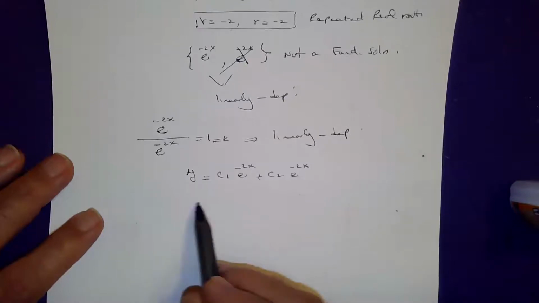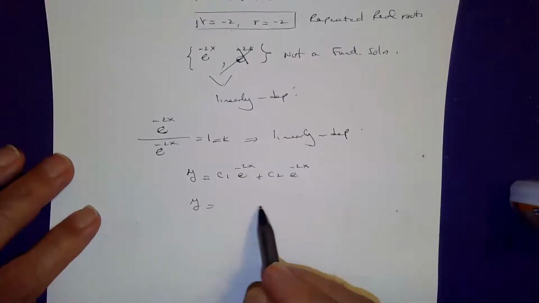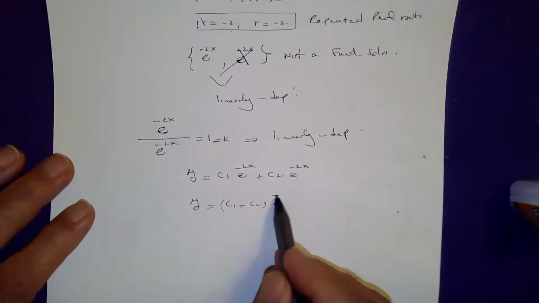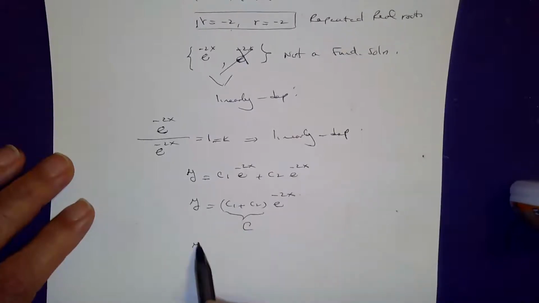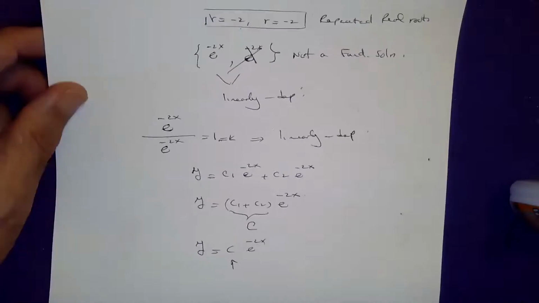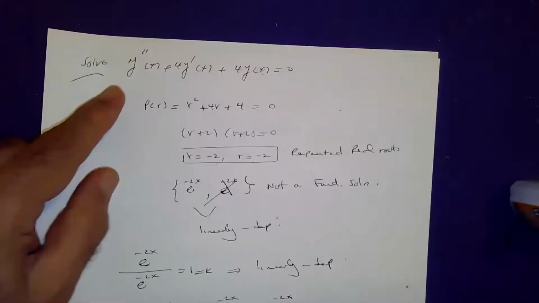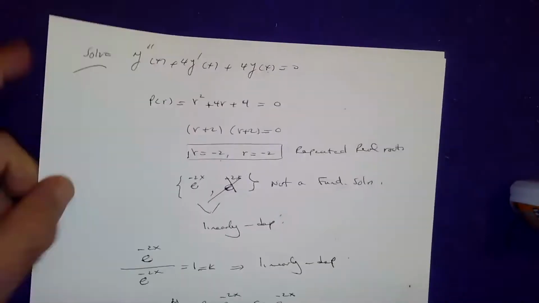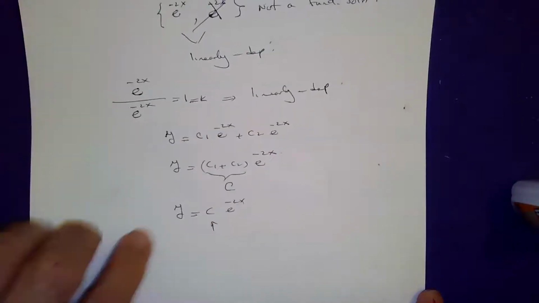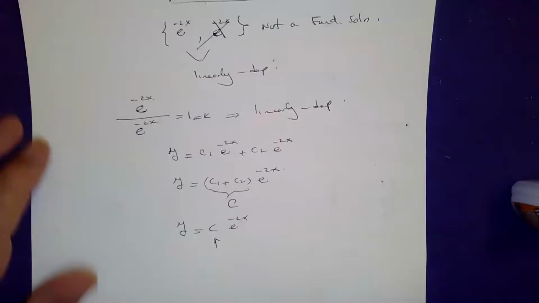Because I can always factor out e to the negative 2x and call this C. So I only have one C. And that contradicts our rule, because our rule says, depending on the order of the differential equation, you have to have that many C's. So therefore, this doesn't cut it.